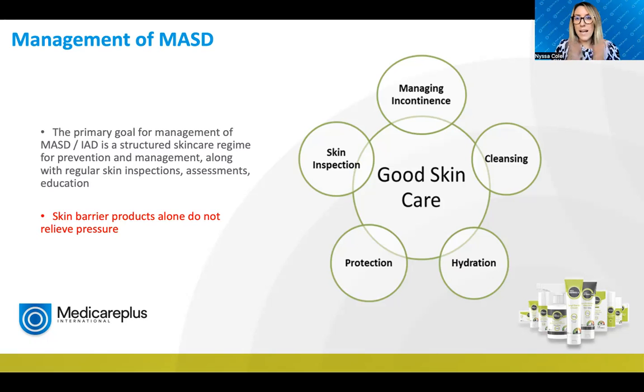So first of all, we'd look at cleansing the skin. Obviously, if you're dealing with incontinence, you're probably going to be cleansing the skin a lot more than you normally would. And it's really important to use a pH correct cleanser. Traditionally, we would use soaps, but soaps can be very alkaline, and that can affect the acid mantle of the skin.